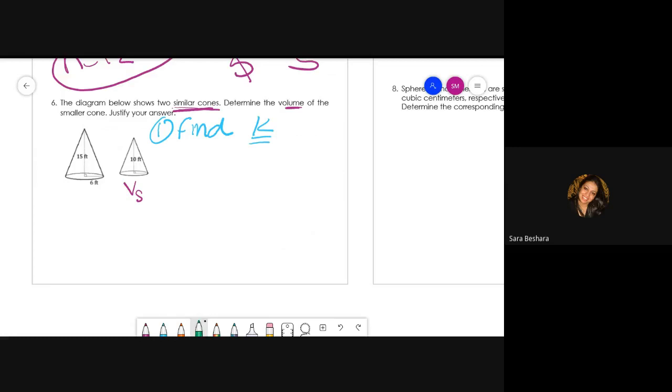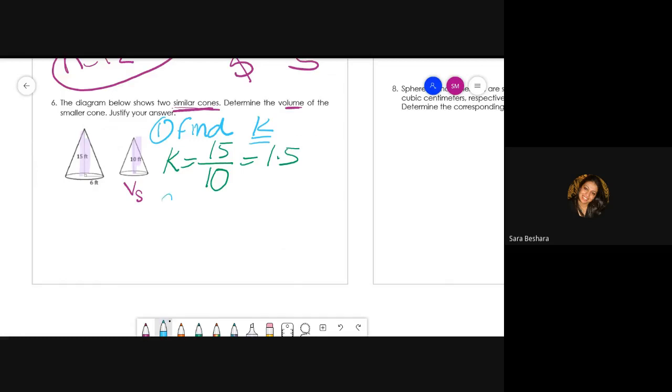Again, I don't know the areas or volumes, but I do know the dimensions. So we can use height and height. Remember, big over small all the time unless they specify something else. So k equals 15 over 10, which is 1.5.